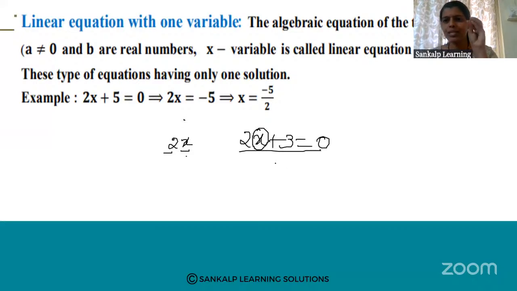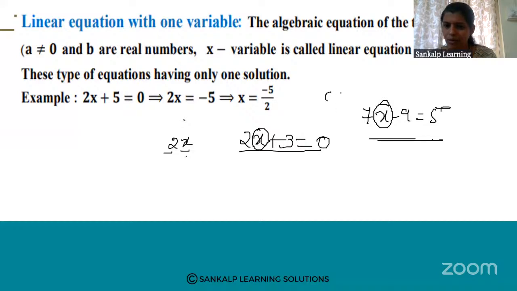Therefore, this equation is called an equation with one variable. ಇದನ್ನೇ ನಾನು ಇನ್ನೊಂದು ಎಕ್ಸಾಂಪಲ್ ತಗೊಂಡ್ರೆ 7x minus 9 equal to 5. In this equation also I am using only one variable, so it is also an example of an equation with one variable.